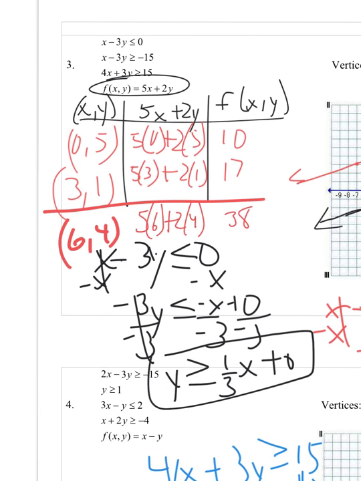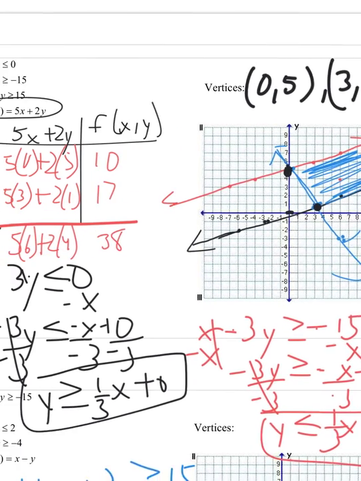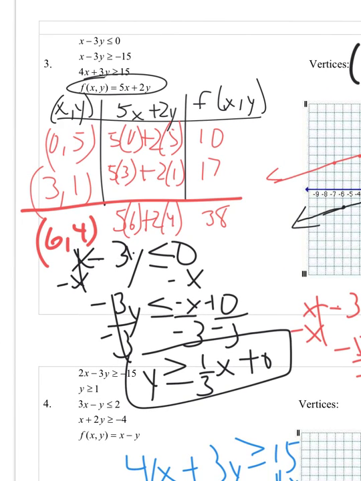And if you picked more test points out in this region, so if I picked another one out here and another one out here, kept picking points out there, what's going to happen is compare this right here, our 38, to these values. Okay, 38 is bigger.